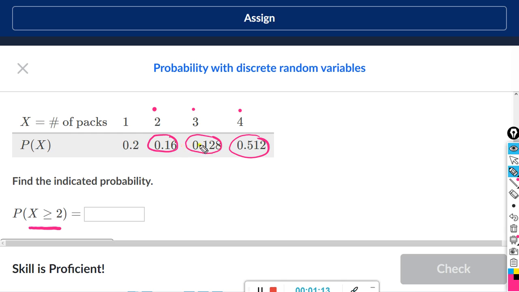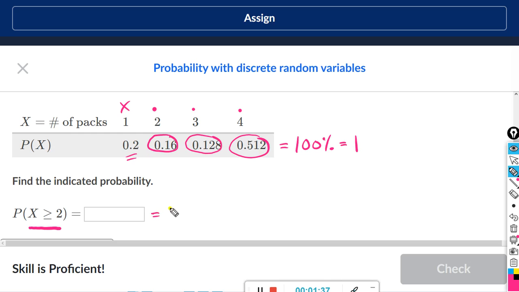However, there's only 4 options here. So all of the options, probability-wise, have to add up to 100%. And of course, 100% in terms of a decimal is just 1. So x is greater than or equal to 2 means it can't be just 1. So all we have to do is subtract this from the number 1.